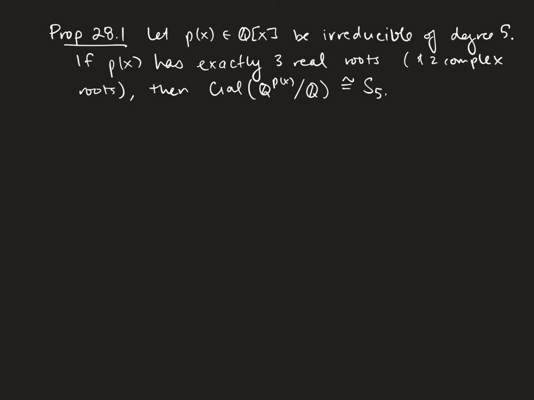And we know that that's going to be the end of our journey because we know that S5 is not a solvable group, which means the Galois group is not solvable, which means that p of x equals 0 isn't solvable by radicals.